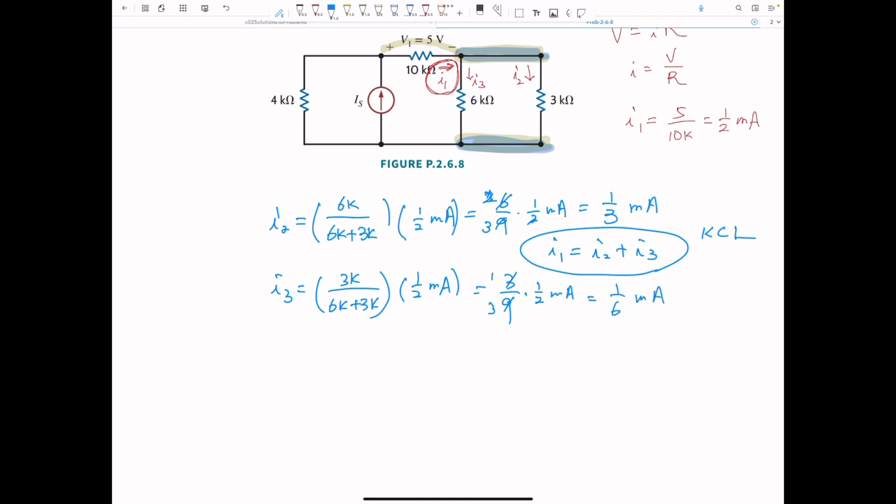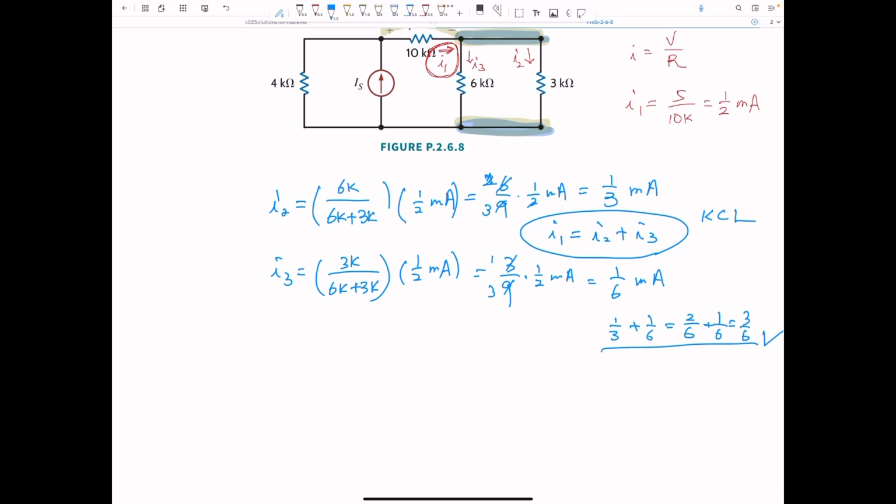If you add 1/3 plus 1/6, which is 2/6 plus 1/6, 3/6, same as 1/2. So we verify KCL. And if you apply the current to each resistor, we know this is 1 volt and this is 1 volt. So they are parallel, they have the same voltage.